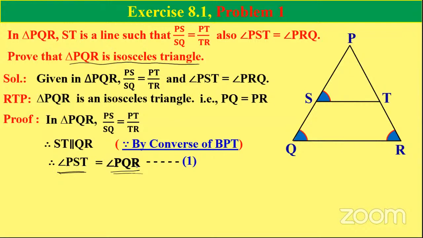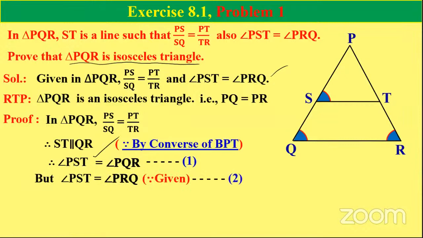Now, actually what is given? Angle PST is equal to angle PRQ is given. So this is statement number 2. Statements 1 and 2, so apply the transitive property.